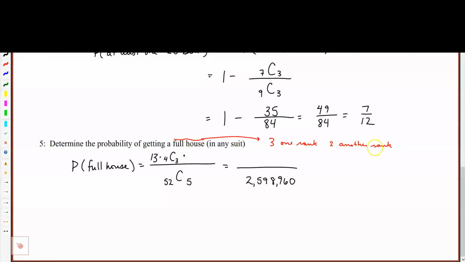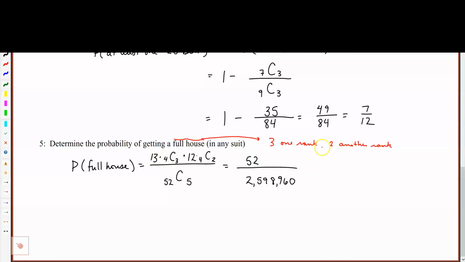Moving on to the other type of card, there are at this point 12 ranks possible, and out of the 4 cards in that rank, you want to pick 2 of them to finish off your full house. For this first part, for the 3 cards of the 1 rank, there are 52 ways of doing that.